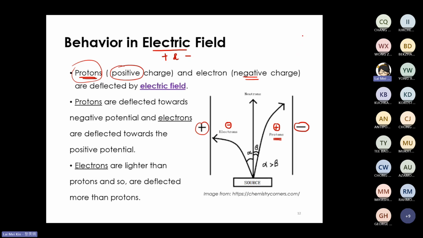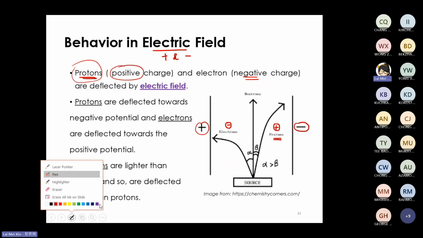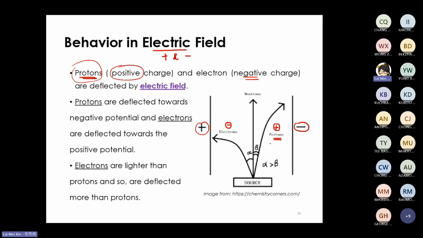But what's the difference between proton and electron? What do you know just now? The mass, okay? Proton is heavy and electron is virtually zero. And by virtually zero, it means that it is very light. When something is very light, it's being deflected. Deflected means being pushed. When something is very light and being pushed, do you think it will be pushed more or less? More.